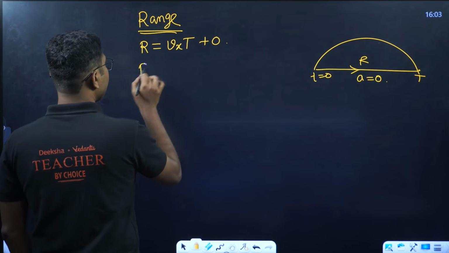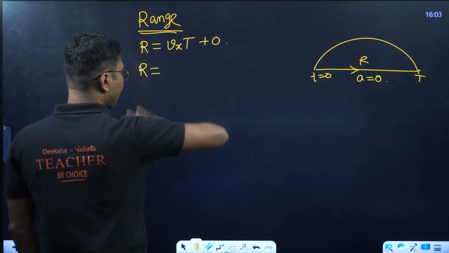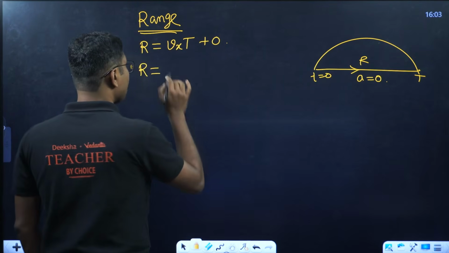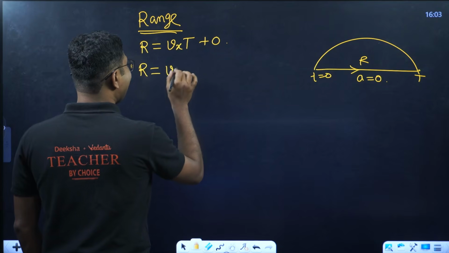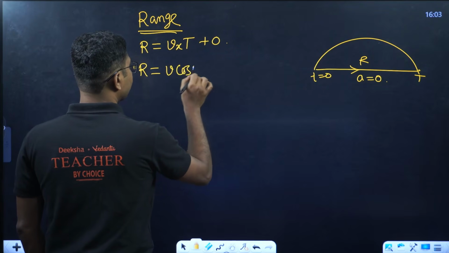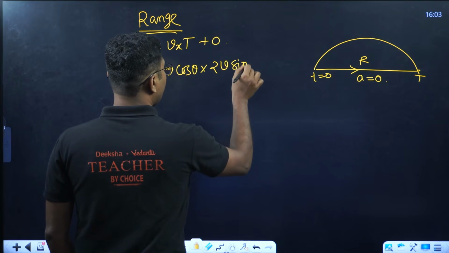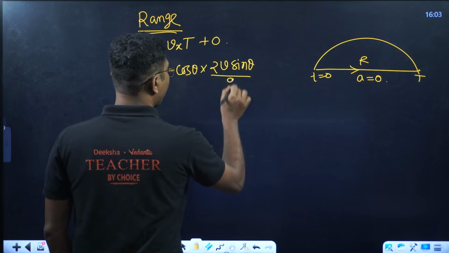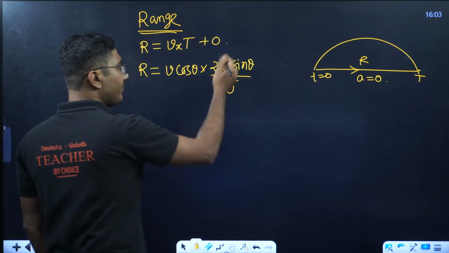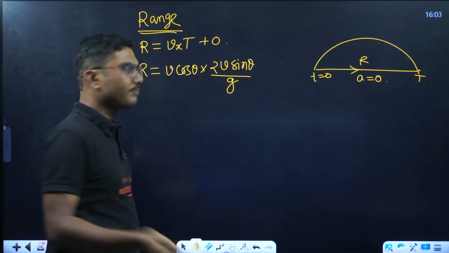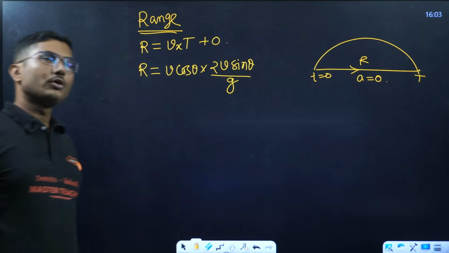So range is given by, range is very easy. After this, only time you need to calculate a little bit, otherwise it is very easy. V cos theta into 2v sin theta upon g, right? V sin theta by g is half time and 2v sin theta by g is the total time.